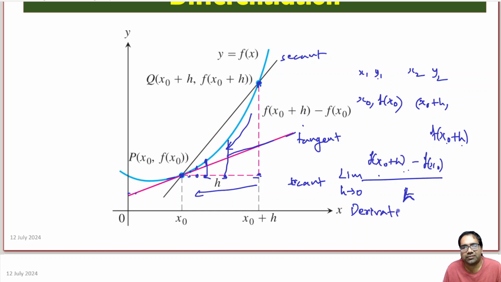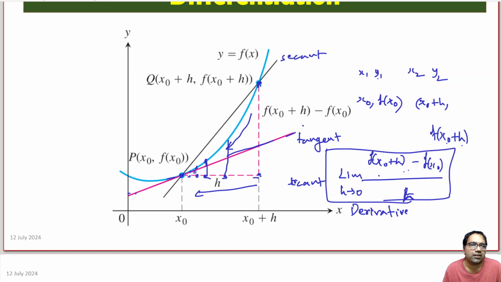Okay, derivative is another name for slope, and this is how we calculate the slope of a curve. Please note, the slope of a curve is the slope of a tangent at that point, at x naught, at a particular point. The slope of a curve is always at a particular point. If you draw a tangent, what exactly is the slope of the tangent? Right, that is the slope of this curve.